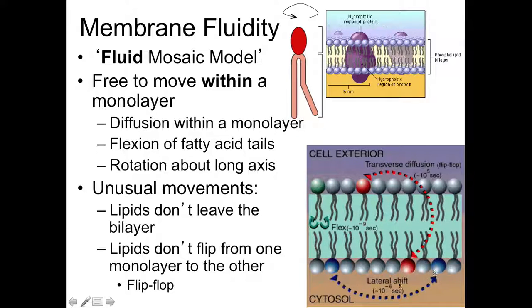Lateral shifts or lateral diffusion, movements of one phospholipid through a single monolayer, is very common and happens all the time. Okay, that's what keeps the membranes fluid, is the lateral diffusion within a single monolayer. So that is very common and it's integral to the proper functioning of the membrane.